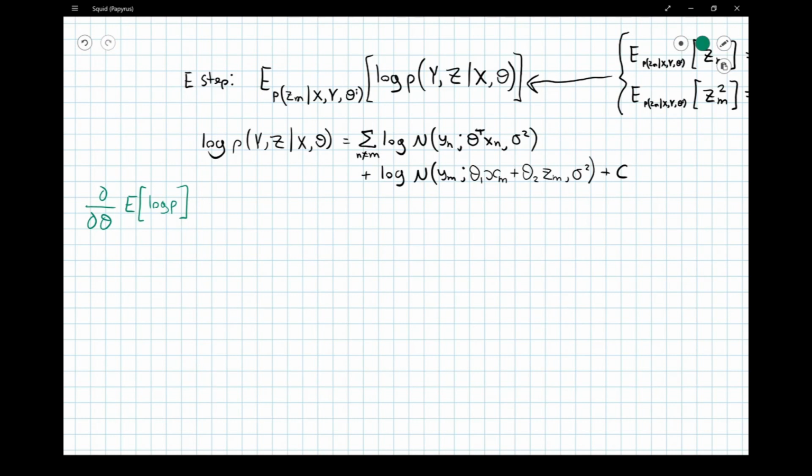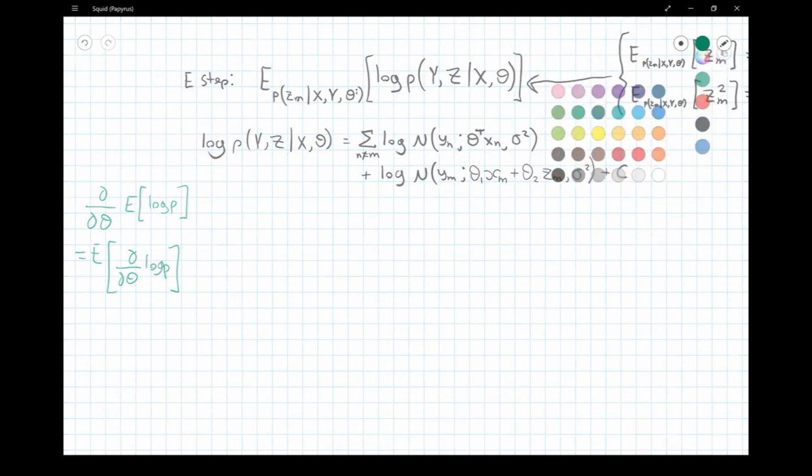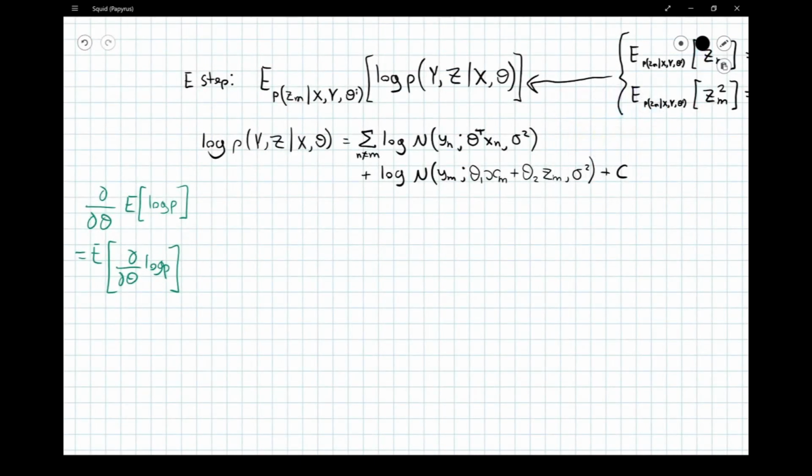Actually, we'll do it the other way around in this case. That's the same as taking the expected value of the differential of log p and setting that equal to 0. It's just because the notation is slightly easier, basically.